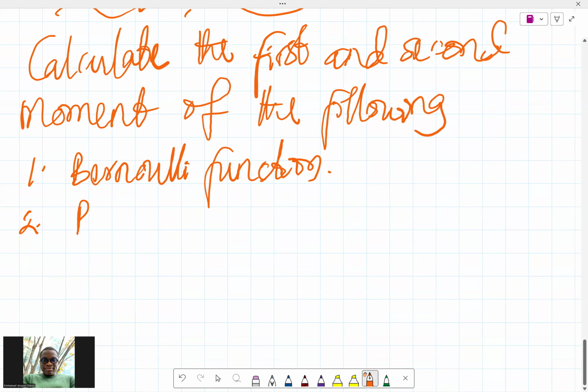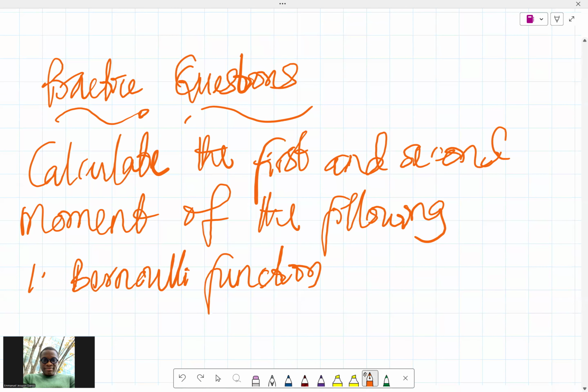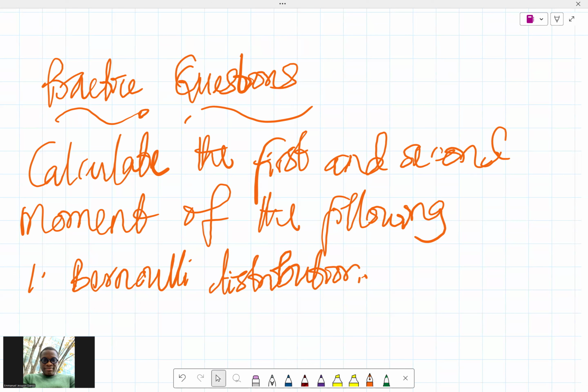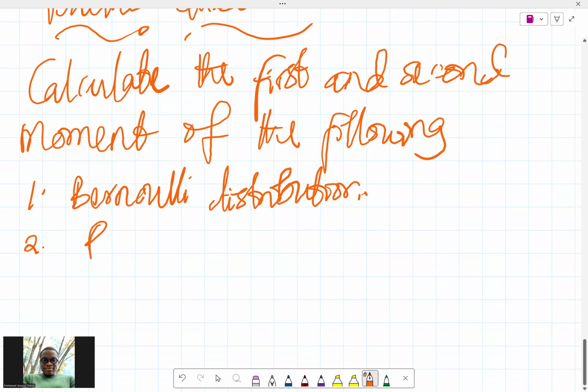Then the next one is Poisson distribution.